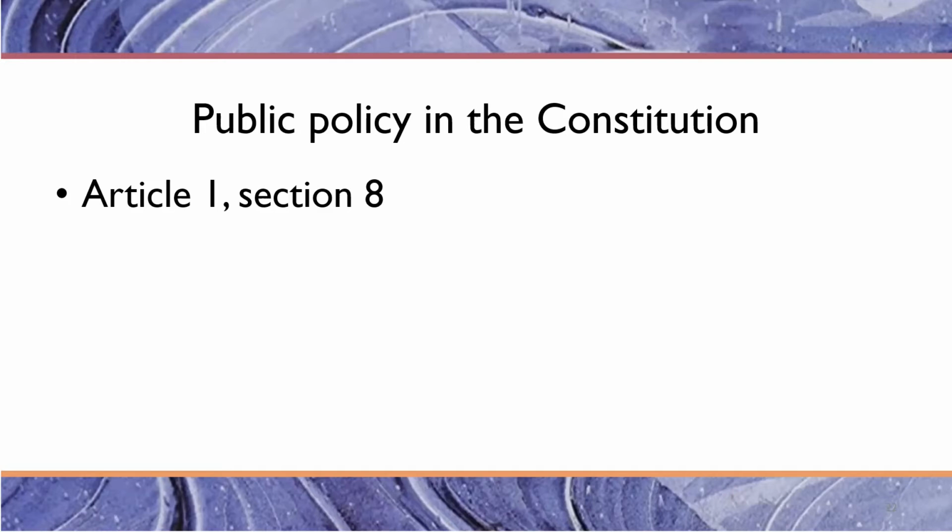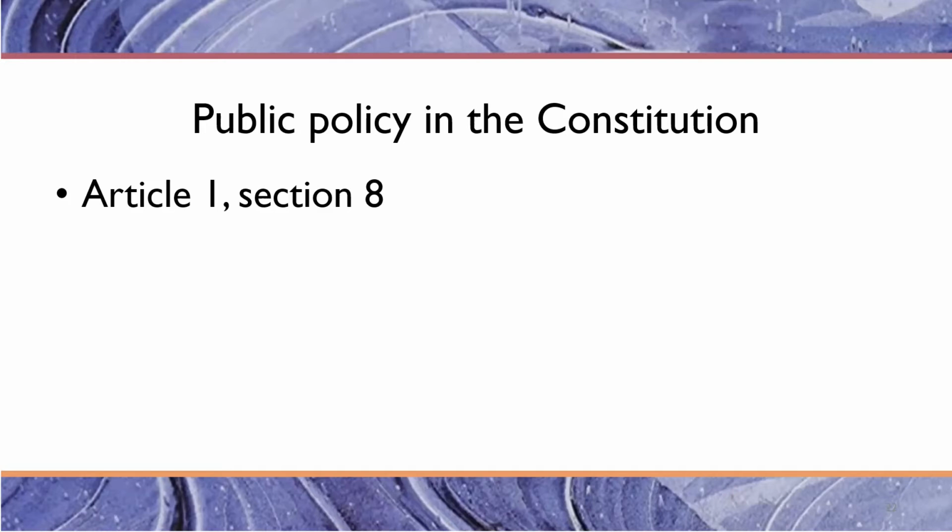Look for those things in Article 1, Section 8. In fact, at this point, I should say, read the United States Constitution, and if you have time, read your state's Constitution. Chances are your state's Constitution is going to be longer than the US Constitution, but it's not a terribly difficult document to read, although at times it might be difficult to understand how it is understood in practice right now.